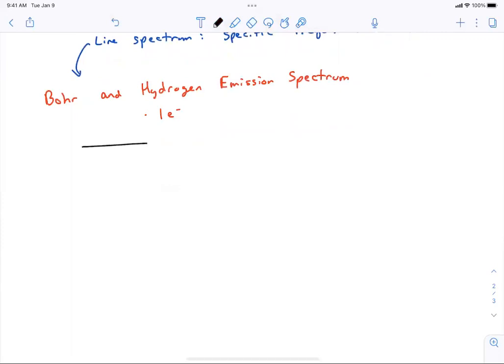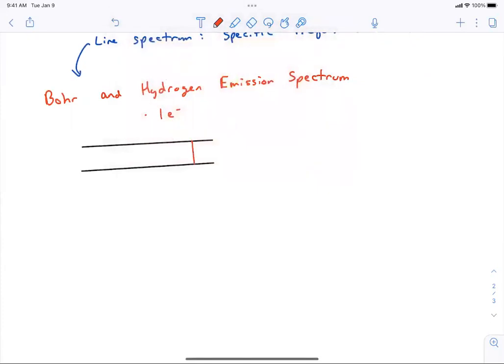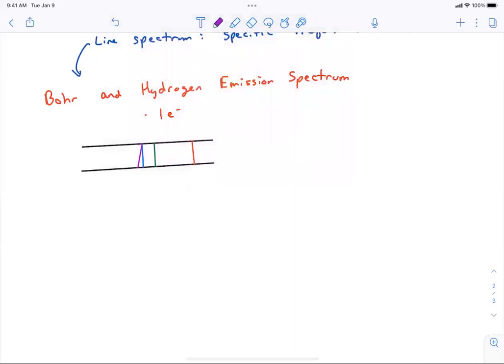And what he noticed in that spectrum was a red line, a green line, a blue line, and a violet line. So we saw these four specific lines in hydrogen.